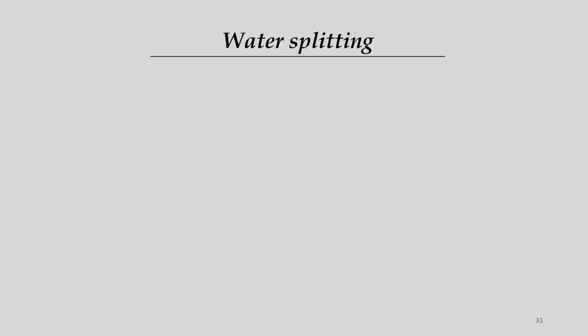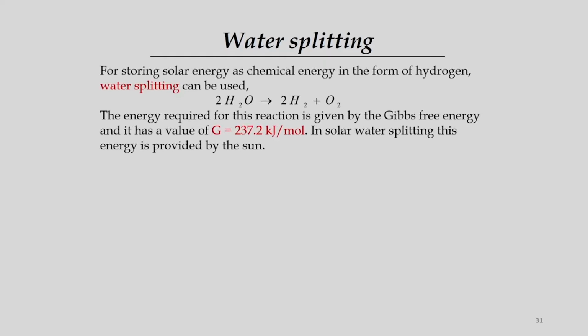Now let us discuss water splitting. For storing solar energy as chemical energy in the form of hydrogen, water splitting can be used, where water is split into hydrogen and oxygen. Already we have discussed that the energy required for this reaction is given by the Gibbs free energy, which has a value of about 237.2 kilojoule per mole.